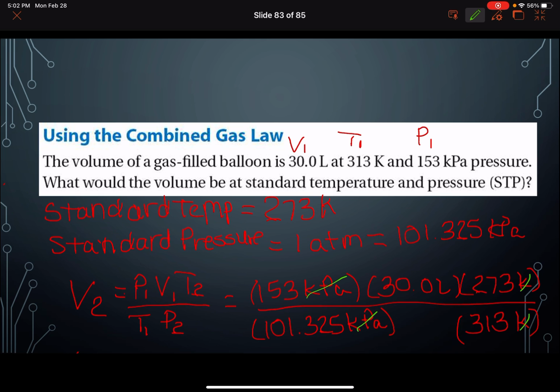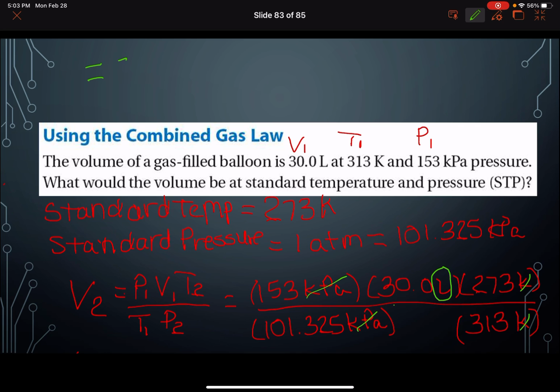I don't have enough room at the bottom of the slide, so I'm going to put it up at the top of the slide. It's basically 153 times 30 times 273. Hit equals on your computer. Hit the divide key, put parentheses, then put 101.325 times 313, close the parentheses, and hit equals. It's going to come up, and notice that the unit we have left over is liters.